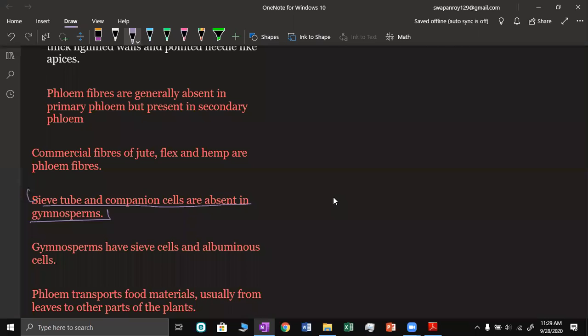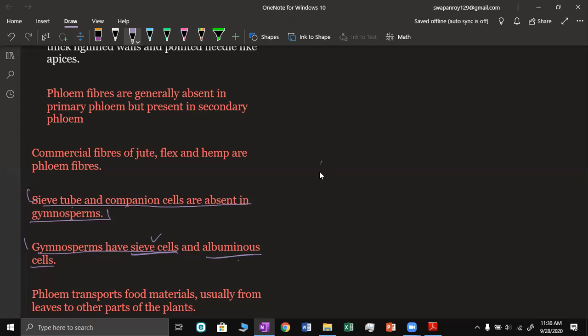So what happens in gymnosperms? Gymnosperms have sieve cells and albuminous cells. In place of companion cells, there are albuminous cells, and in place of sieve tube elements, there are sieve cells. Sieve cells are not forming a tube-like structure.